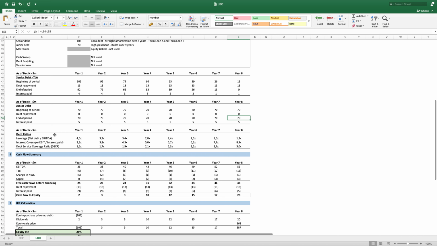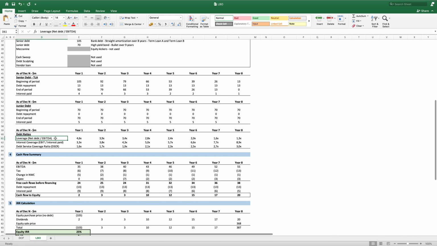But usually the objective of such metrics is to understand whether the cash flows or the profitability of the target is enough to repay interests or to repay the service of the debt, being the principal plus interest. So really this is the objective, to see whether the company is profitable enough or whether it generates enough cash flow to repay the interest and the principal.